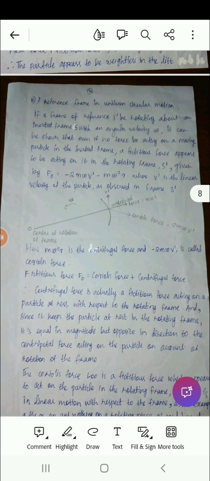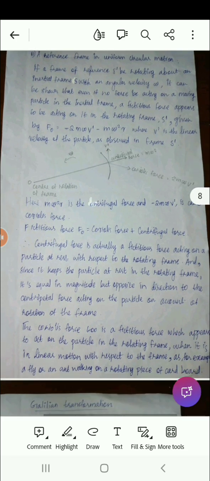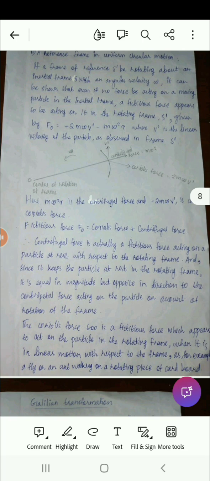It can be shown that even if no force is acting on a moving particle in the inertial frame, a fictitious force appears to be acting on it in the rotating frame S dash, given by the pseudo force f0 equal to minus 2m omega v dash minus m omega square r, where v dash is the linear velocity of the particle as observed in frame S dash.